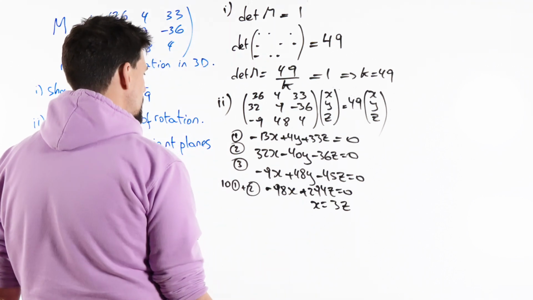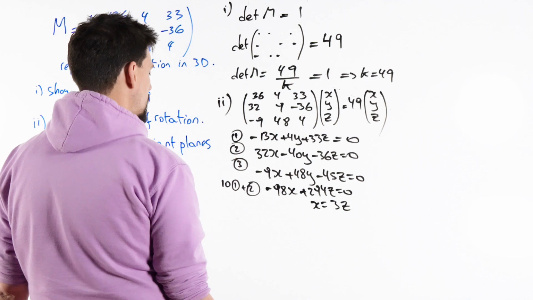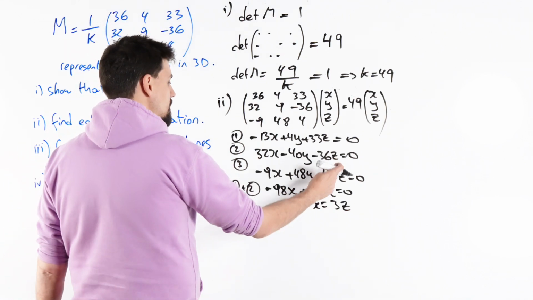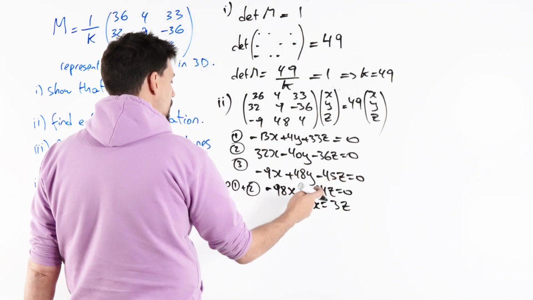Now let's try and get rid of the z's. 36 and 45: that's 4 times 9 and 5 times 9.